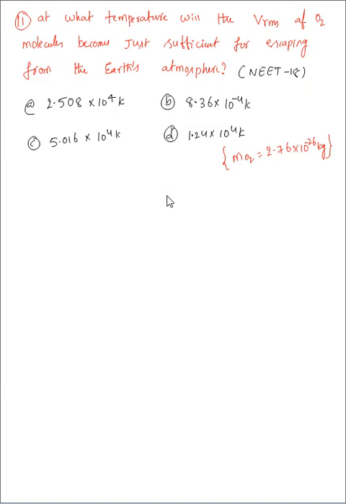We know that V escape is 11,200 meters per second, or 11.2 kilometers per second. So how can we calculate V_RMS? V_RMS equals under root 3kT by small m. The small m value is given in the question, so simply we can substitute.